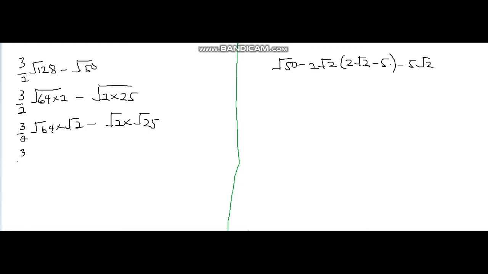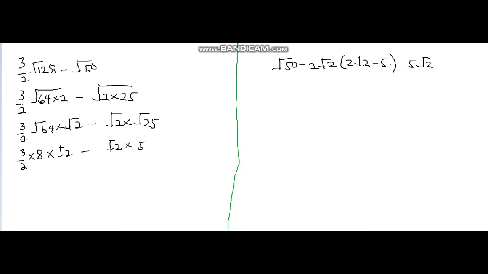So you can get 3/2 here, then times 8, then another times square root of 2, minus square root of 2 times, the same applies to 25, that is 5. Square root of 25 gives us 5. So now this side is multiplying and this side is also multiplying.